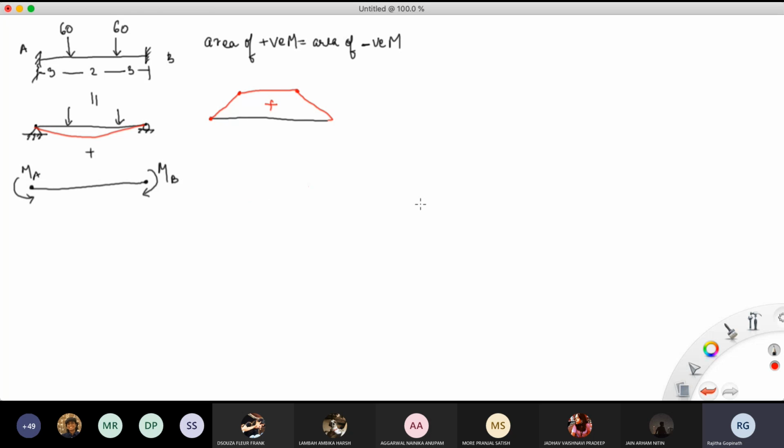Because both the loads are same to each other, what will happen, उनका जो भी negative moment है, that negative moment is also going to be the same, right? So I'm just, the negative moment is also going to be same.